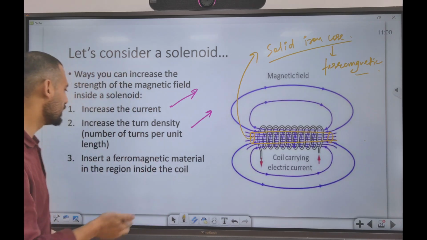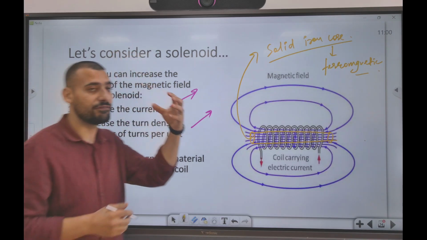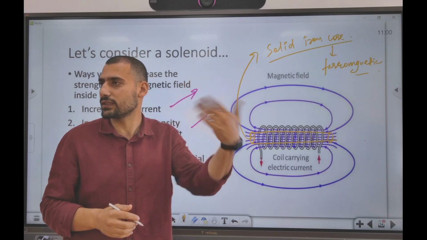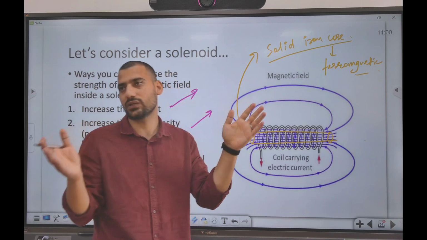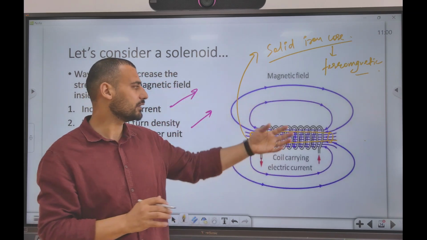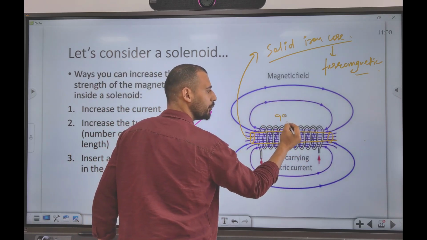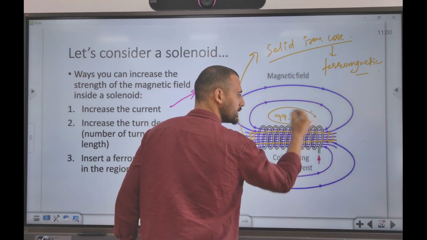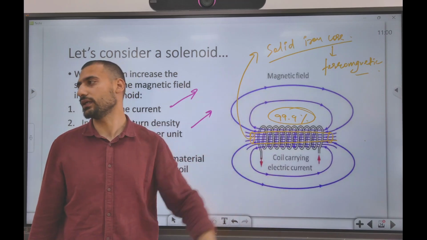So that is why we introduce a ferromagnetic material. Ferro means it allows the magnetic things, so the magnetic field is retained within. It doesn't get wasted. Whatever magnetic field is generated, it's not wasted. Maximum 99.9% of the field lines are retained by the solenoid, and therefore it behaves as a very good magnet. Is that clear?